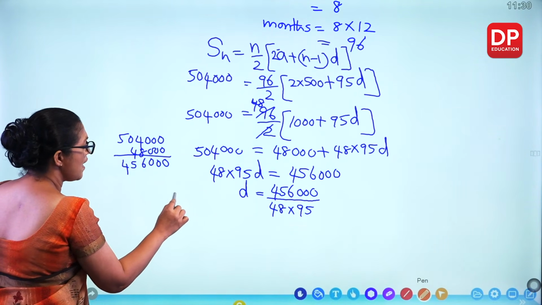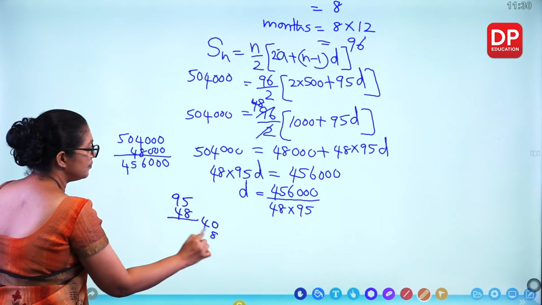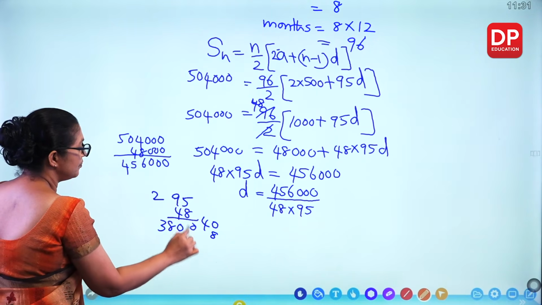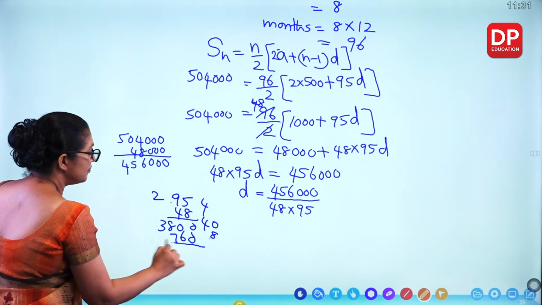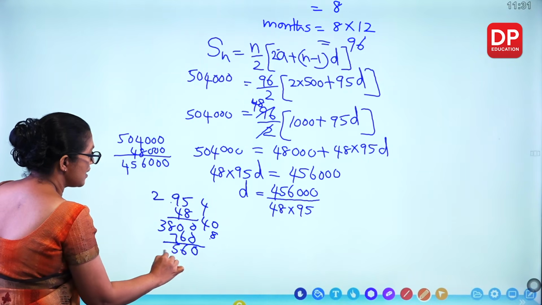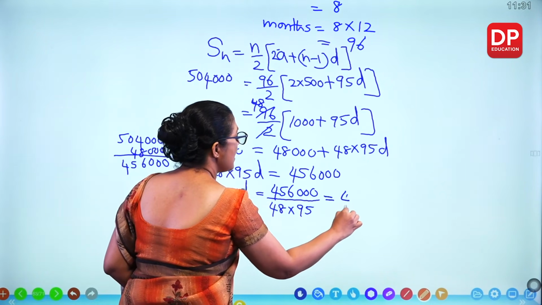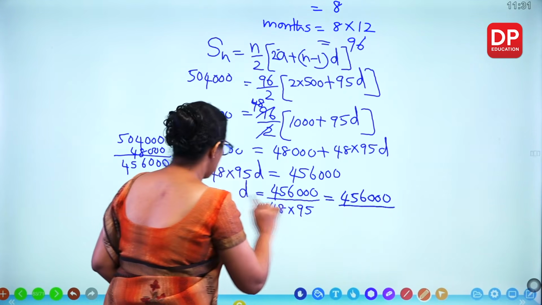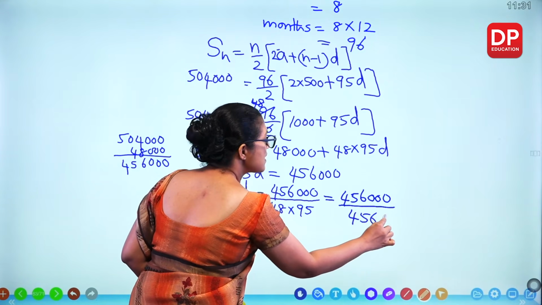48 times 95, I get 4560. So here I can write 4, 5, 6, and 3 zeros here. When you multiply these two, I get 4, 5, 6, 0.